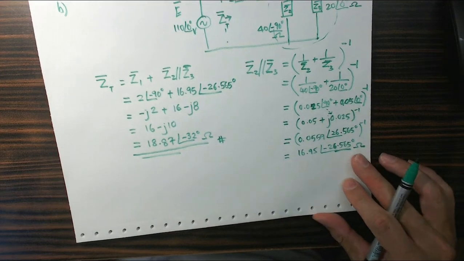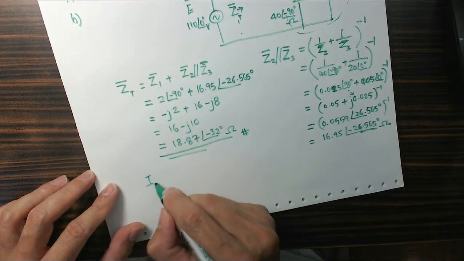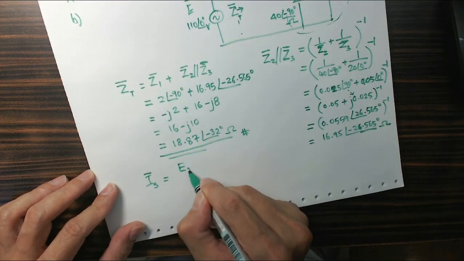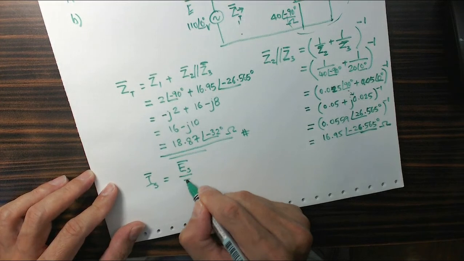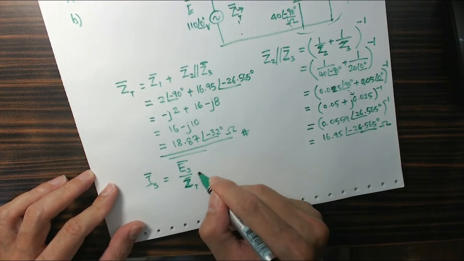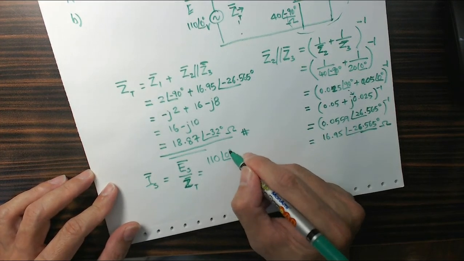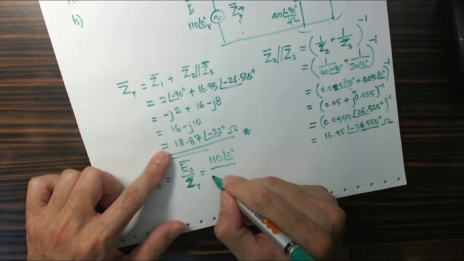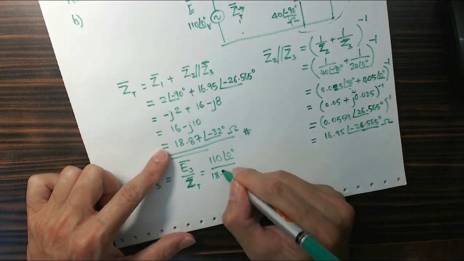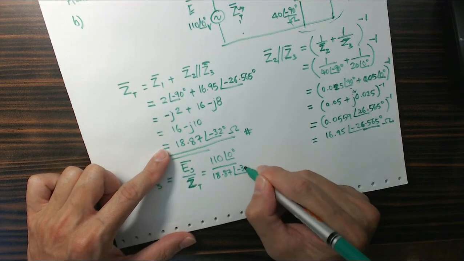The next step is very straightforward. The total current IS, according to Ohm's law, is just ES over impedance ZT. So it's 110 at an angle of 0 degrees divided by 18.87 at an angle of minus 32 degrees.